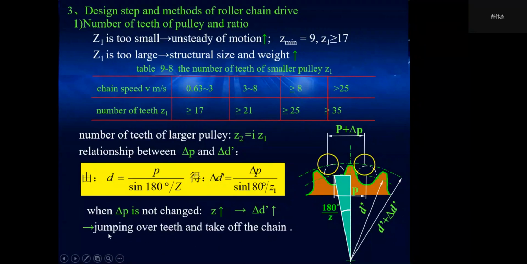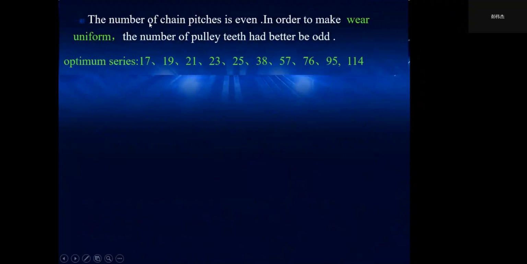And then it will cause jumping over teeth or taking off the chain. So commonly we take Z2 less than 120. And the number of chain pitches is even in order to make wear uniform. And the number of pulley teeth had better be odd. It is the optimum series for the number of pulley teeth.